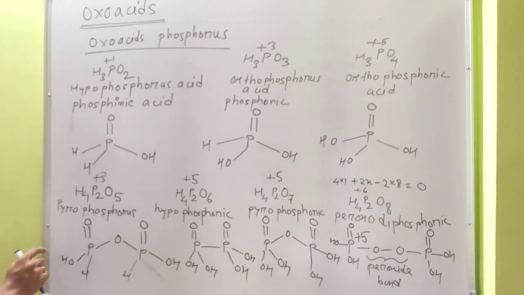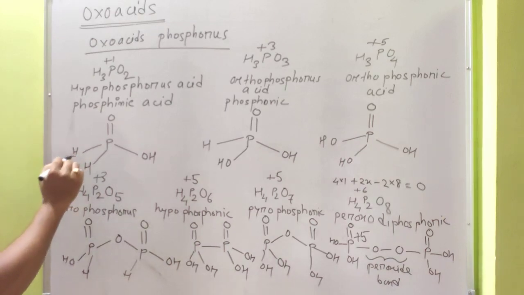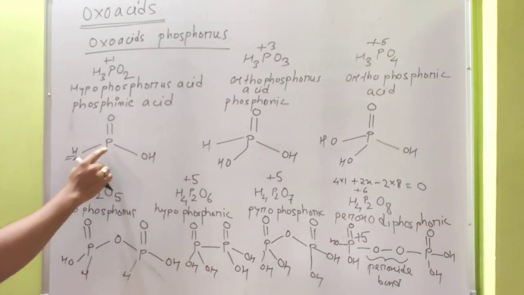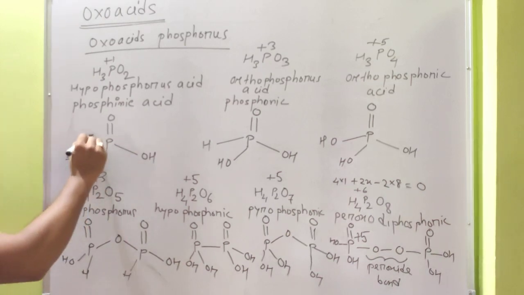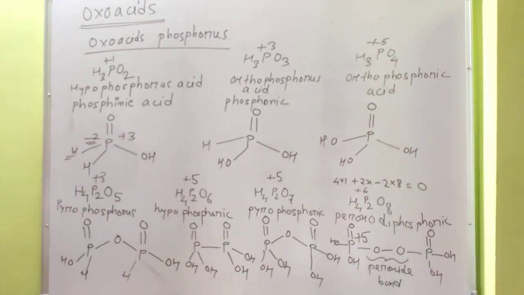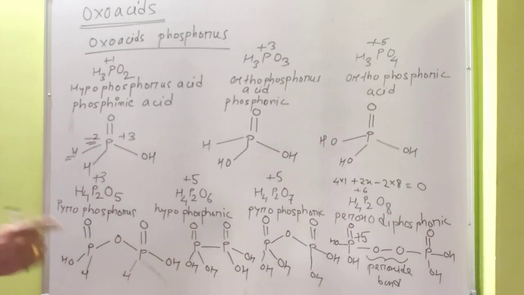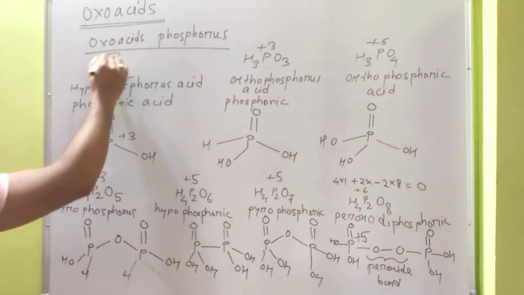And to 2 hydrogen by 2 bonds, and hydrogen is less electronegative than phosphorus. Therefore, it gets -2. -2 from hydrogen and +3 from oxygen, so the overall oxidation state is +1. That's why +1.